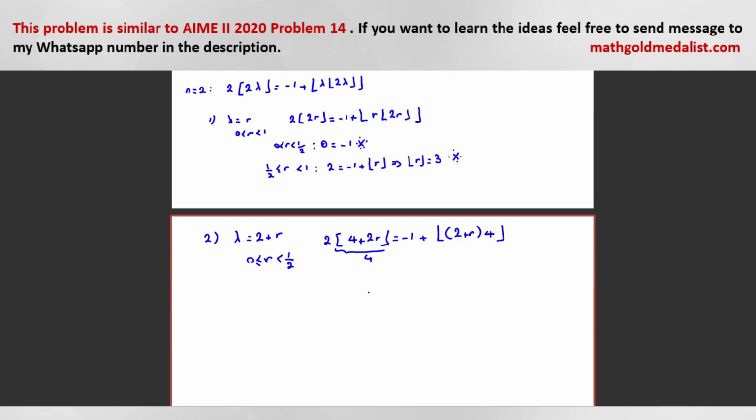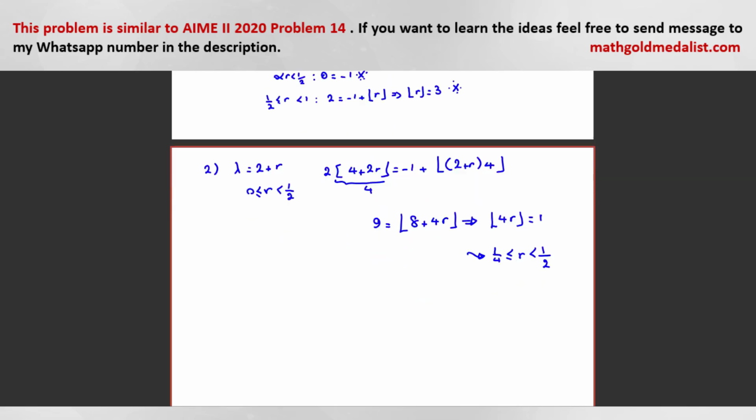Now, if we check, we have what? 8 plus 1, 9 is equal to 8 plus 4r, right? So we can conclude floor of 4r is what? 1. So what can we conclude about r? 1/4 less than or equal to r less than 1. Exactly. So lambda is 2 plus r, which r is from 1/4 to 1/2, right?